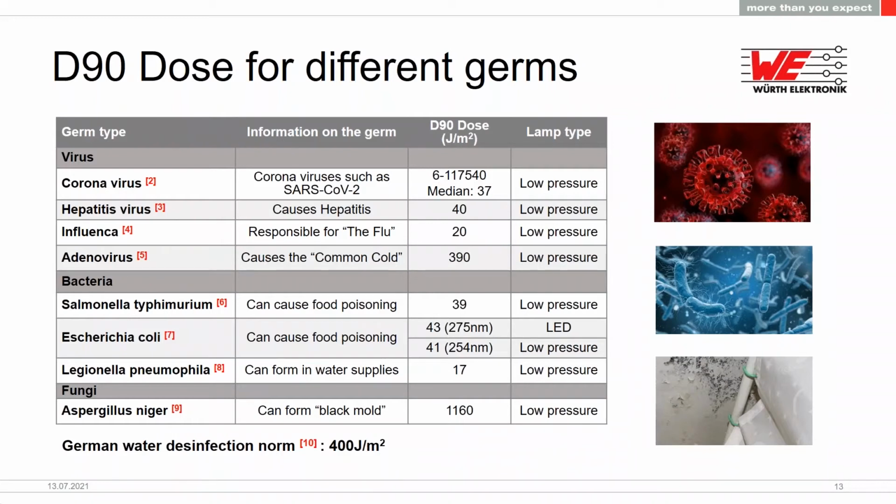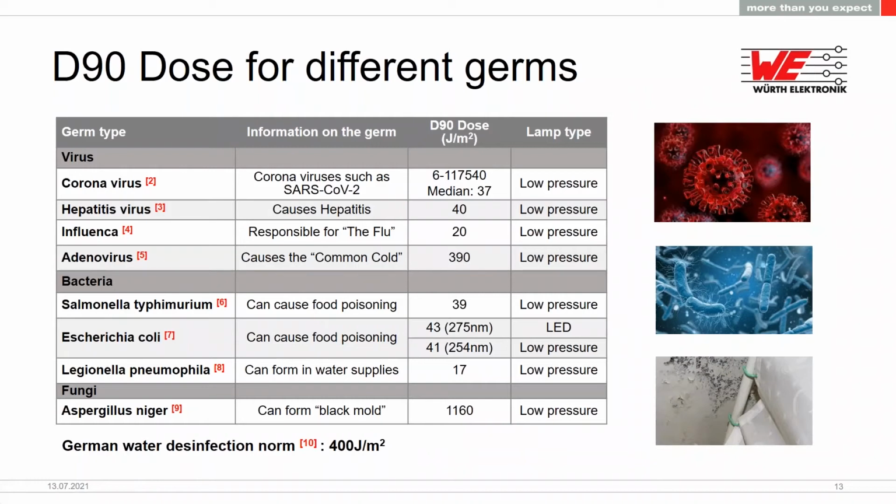Now, another thing that needs to be considered is on the right-hand side. I show you the lamp type that was used in those studies. So what you see is that most of those studies were performed using low-pressure mercury UVC lamps.